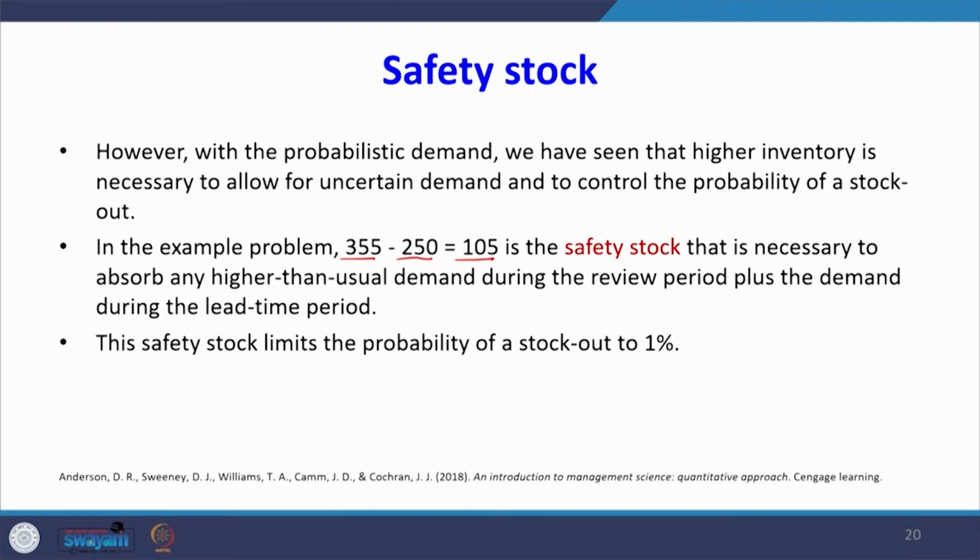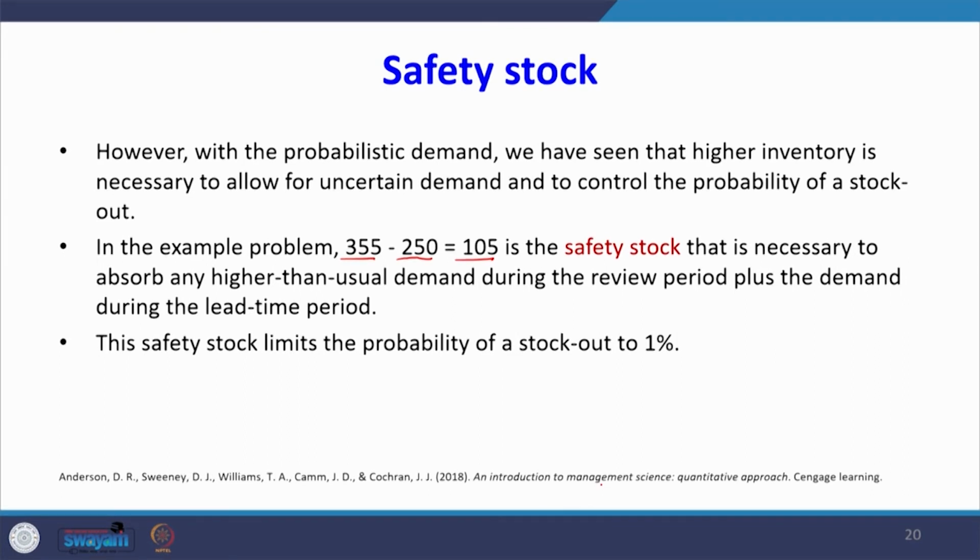What is safety stock? That is necessary to absorb any higher than usual demand during the review period plus the lead time period. This safety stock of 105 units limits the probability of stock out to 1%.